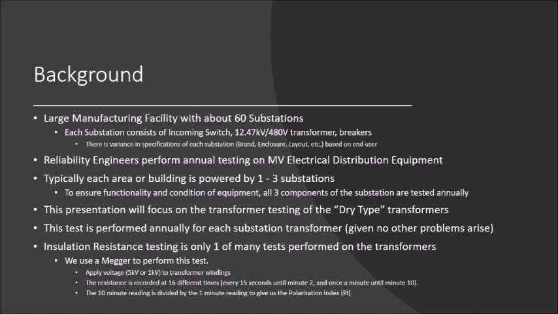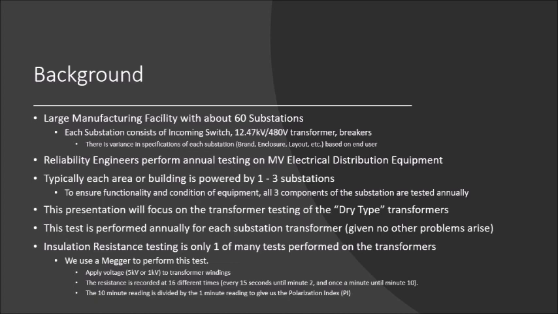The facility has reliability engineers that perform annual testing on the medium voltage electrical distribution equipment. So that is everything from the power plant down to the substation. Each area or building at this facility has 1 to 3 substations, and some actually have more than that.